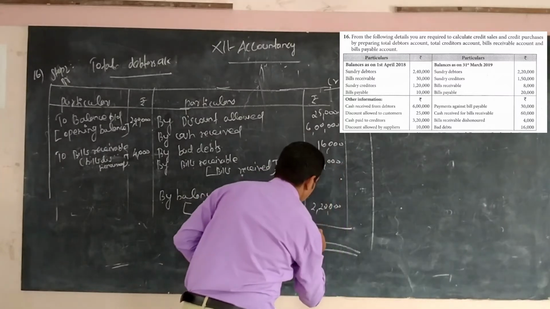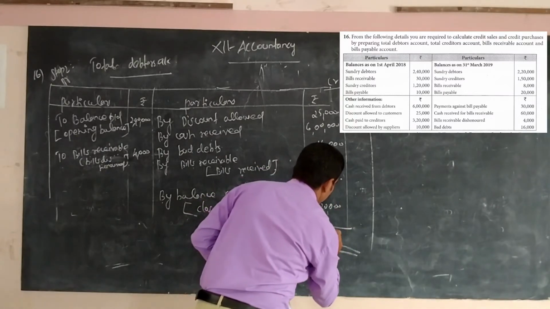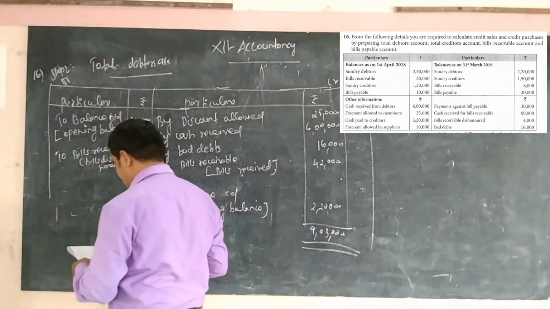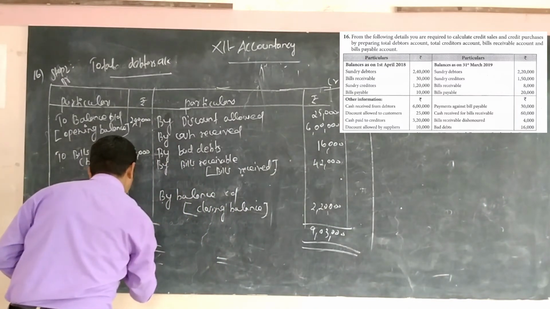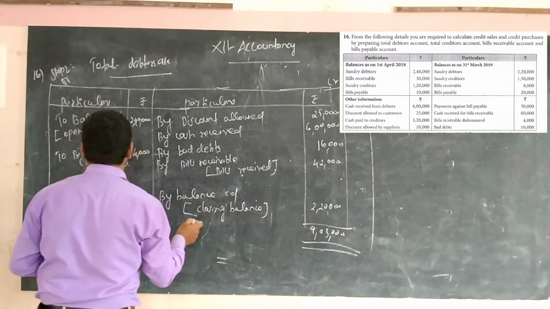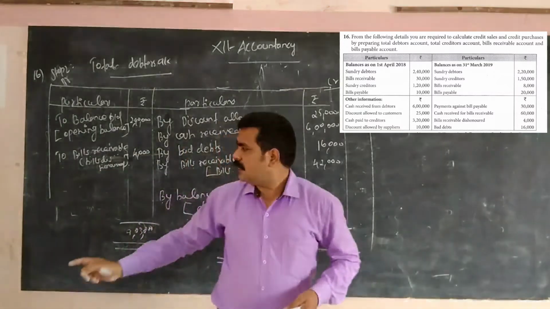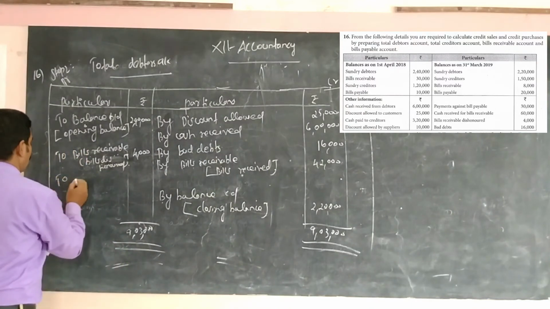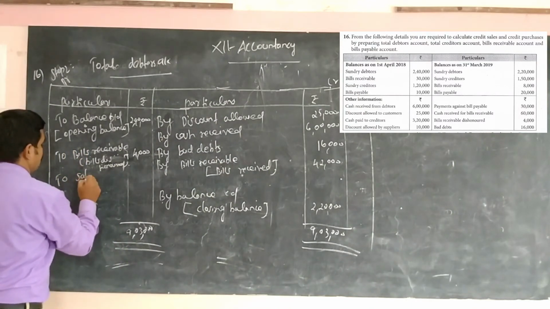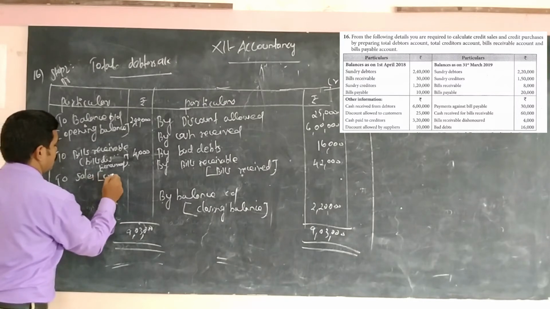So the total amount is 9,03,000. So the balancing amount is given in debit side. So the amount is that is to sales. That is called as credit.